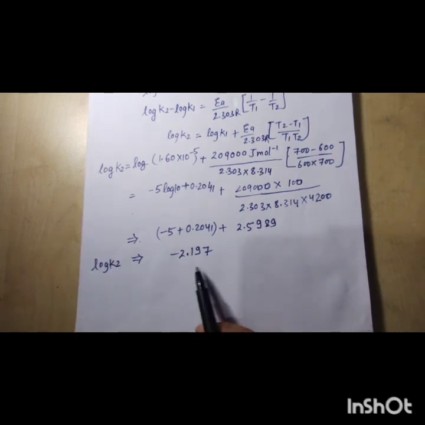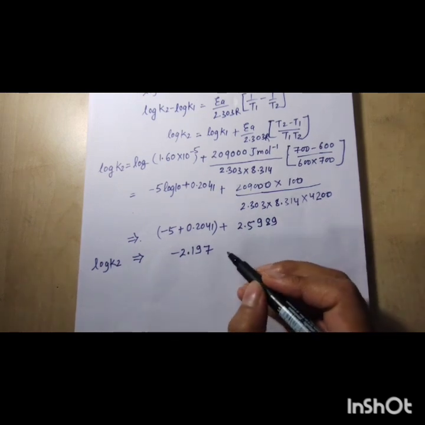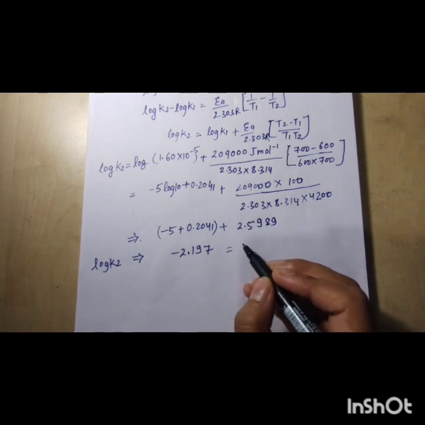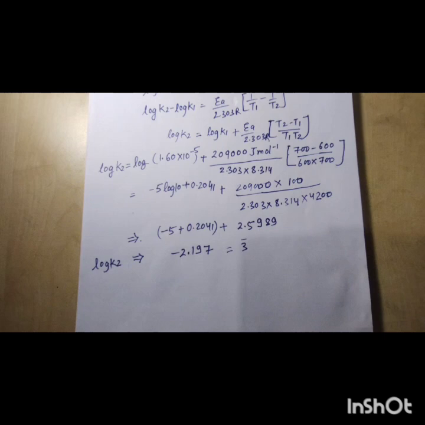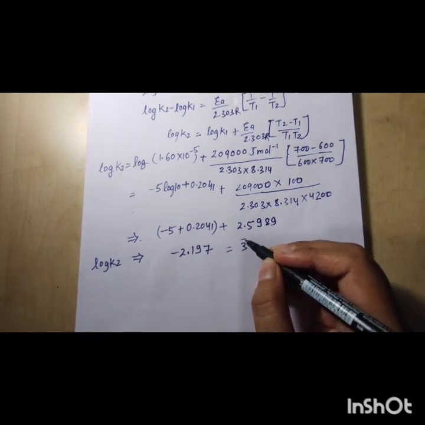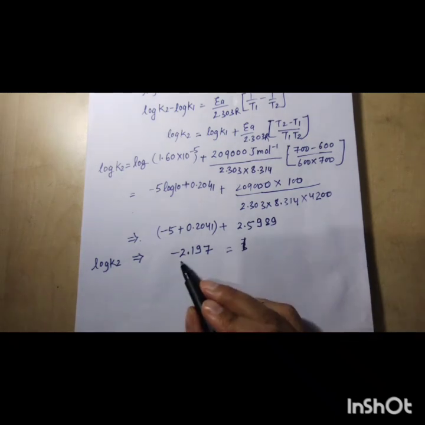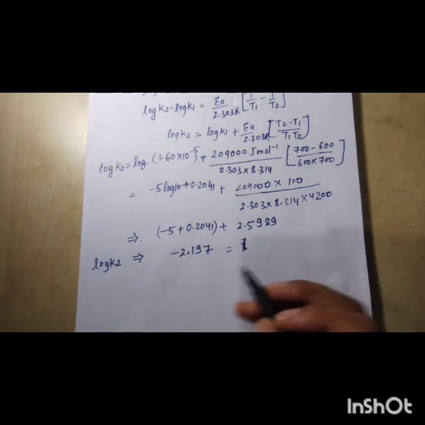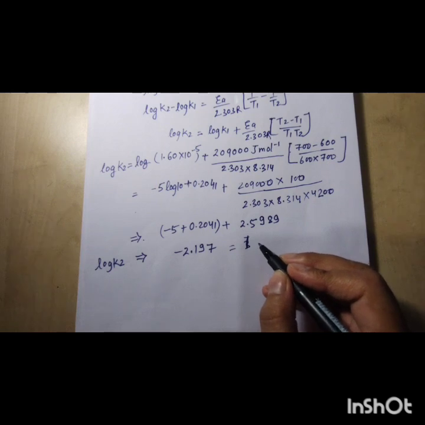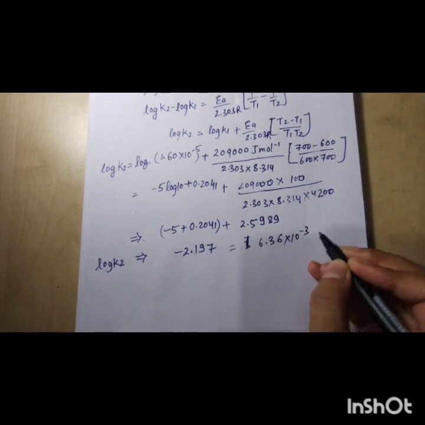So log K2 value is minus 2.197, which is equal to 6.36 into 10 to the power minus 3 per second.